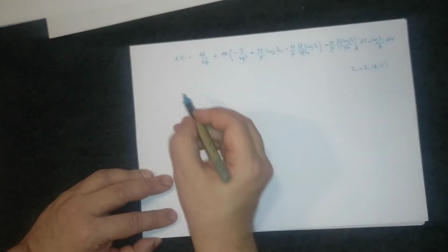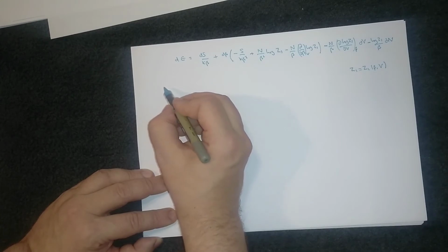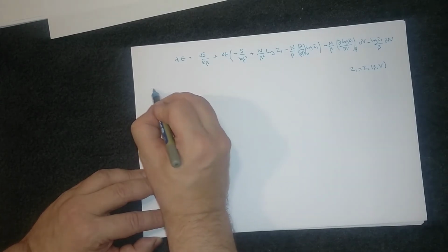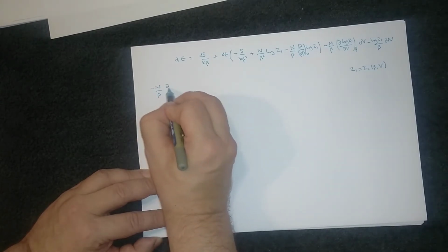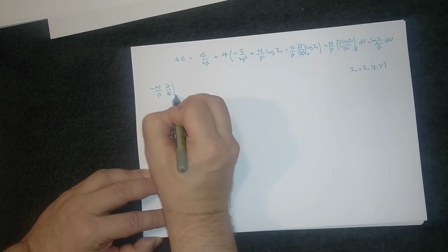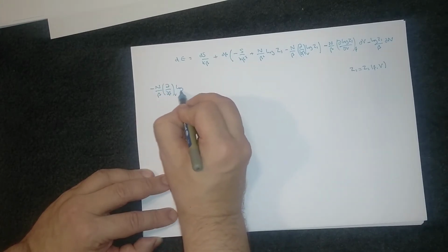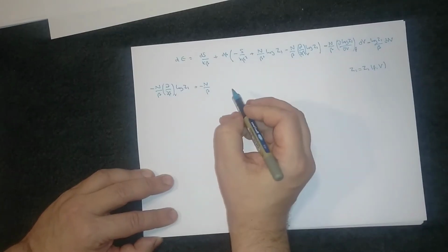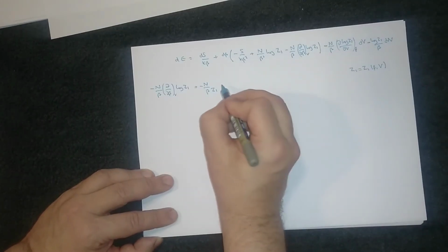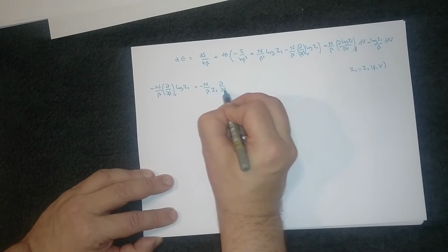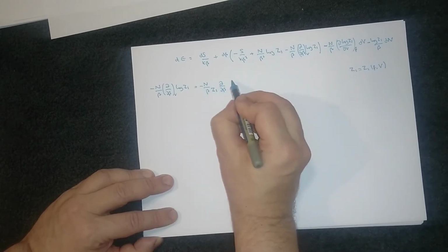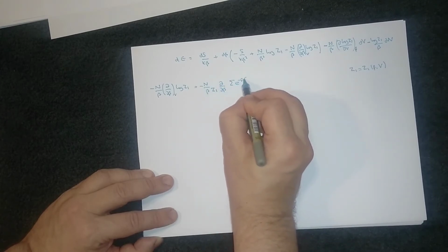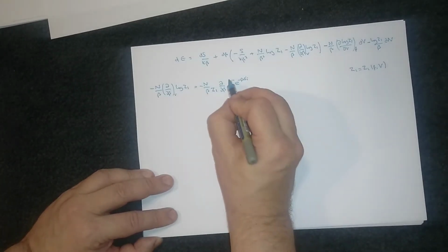Well, let's try and work out this thing. So minus N over beta d by d beta, constant volume, log z1, and z1 was the sum of e to the minus beta ei.